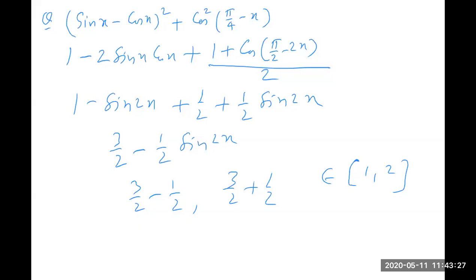So now you can write that question. Previously one I have deleted. That question was to find the range of cos square of (pi by 4 minus x). I expanded it, and then I got 1 minus 2 sin x cos x by 2, so sin 2x upon 2.